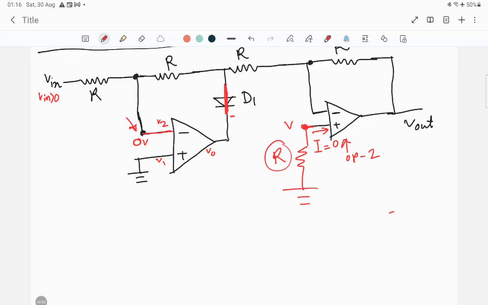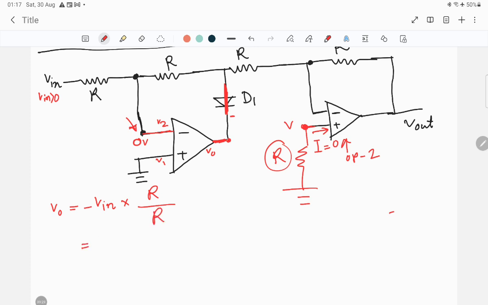So what will be the appearing voltage for the first op-amp? Right now this is simply an inverting circuit. So here you know that V01 will become the minus input voltage into feedback resistance divided by the input resistance.